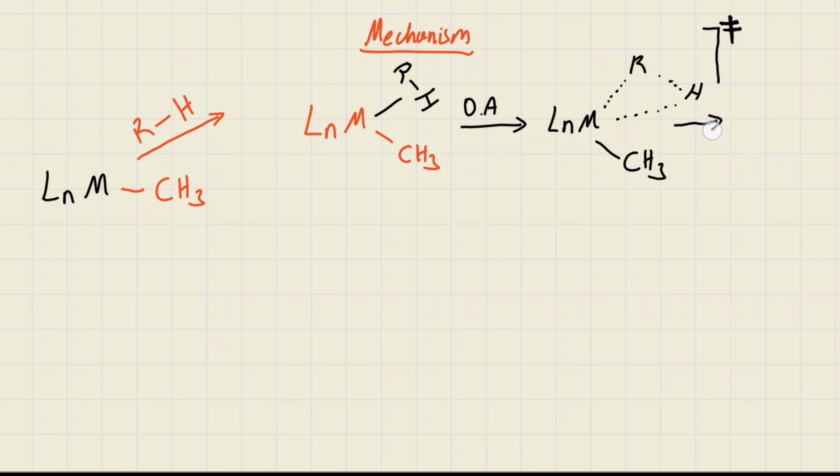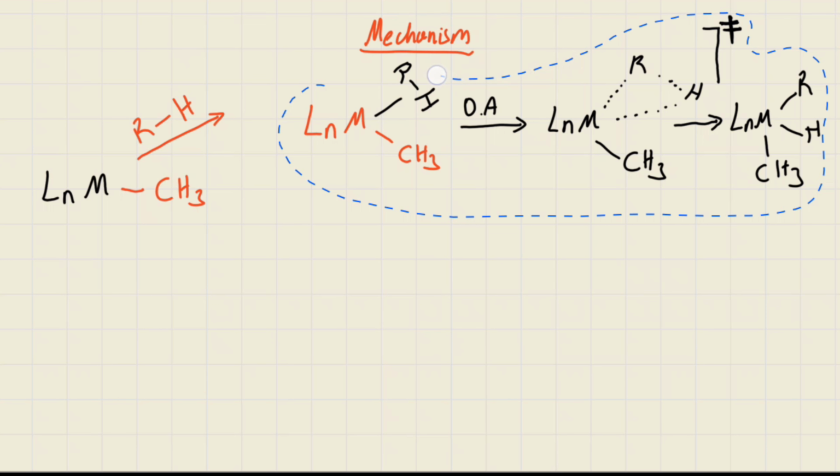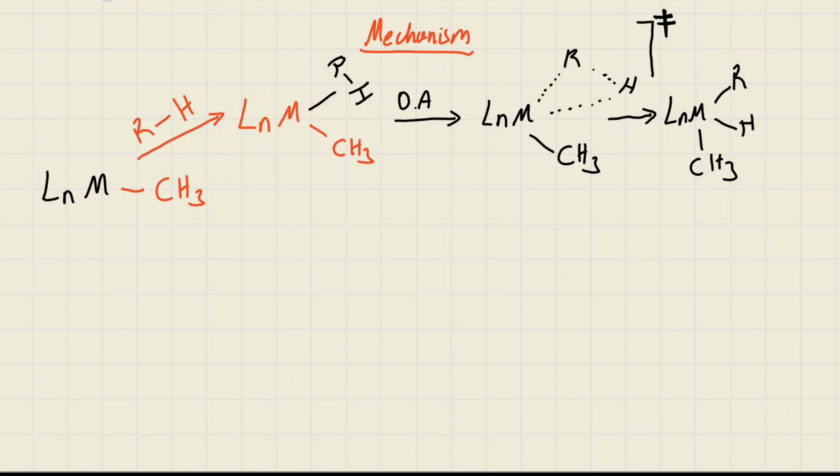And then after the transition state, what can happen is that we will create bonds, our hydrogen and CH3, and after this reaction CH3 can leave, and it is also a reductive elimination. I didn't mention the reductive elimination, but basically it is the inverse of the oxidative addition, and this product can occur.